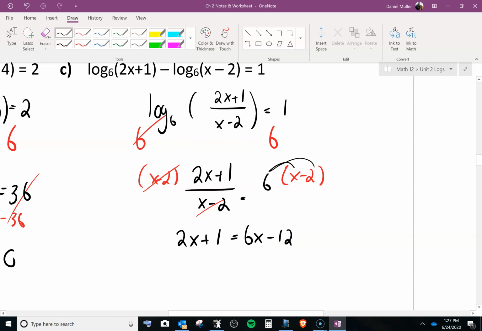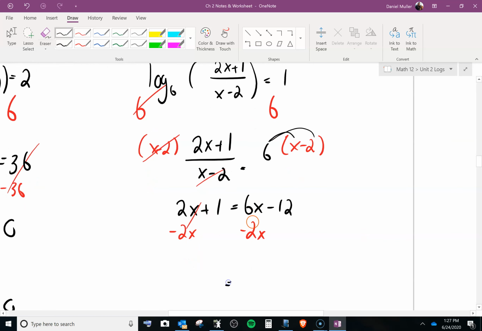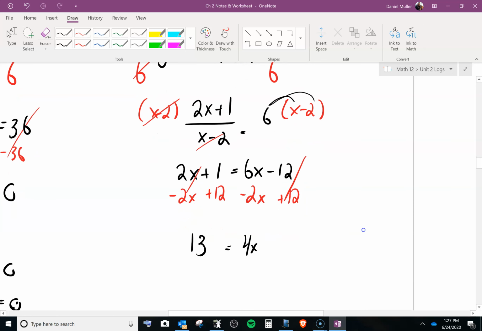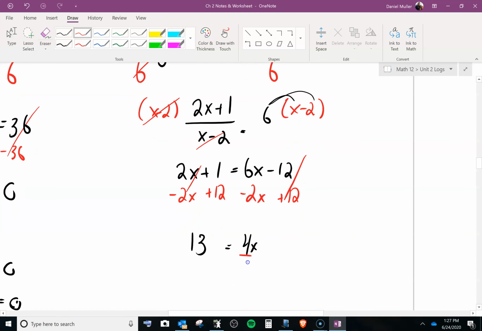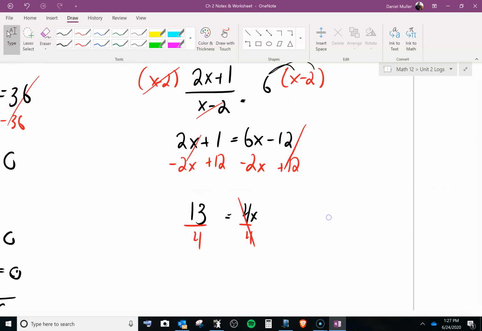Okay, so let's bring the 2x, we'll subtract that over to here to get, I guess that's 6 minus 2 is 4. And then I'll add the 12 to the other side, and I'll get 13. Now if I divide that by 4, oh great, what on earth is that?